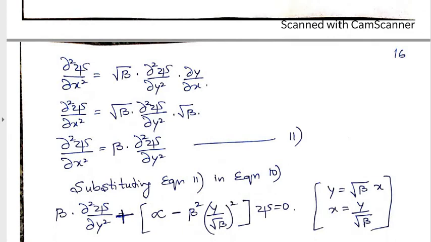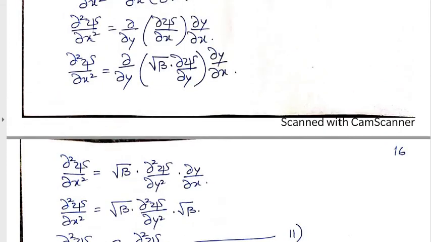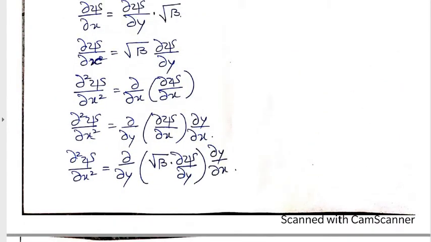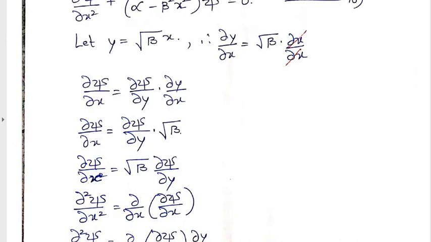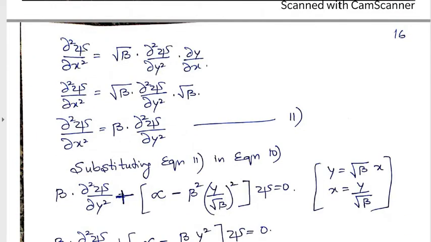Substituting equation 11 in equation 10, what we have is beta del square psi by del y square plus, open the bracket, alpha minus beta square into (y by root beta) the whole square, whole multiplied by psi is equal to 0.